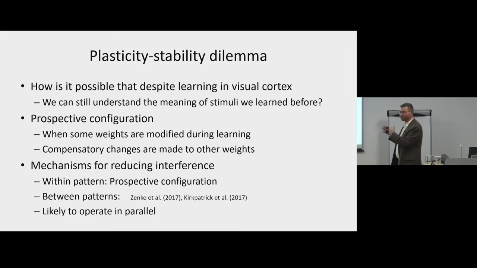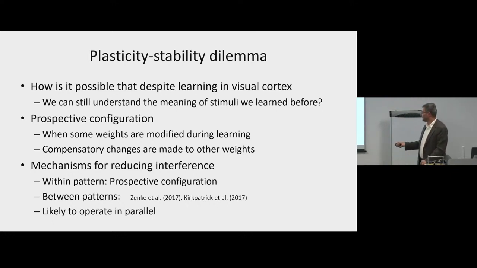And there are several other approaches, you might be familiar with this paper, which reduce interference between patterns. They try to ensure that if some weights are really important for one particular memory, then these weights are preserved and you don't touch them. And they are complementary because they try to reduce different types of interference than prospective configuration. So I think that both of these mechanisms are likely to operate in the brain in parallel to jointly reduce interference.